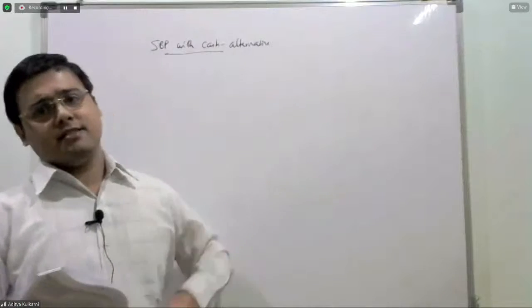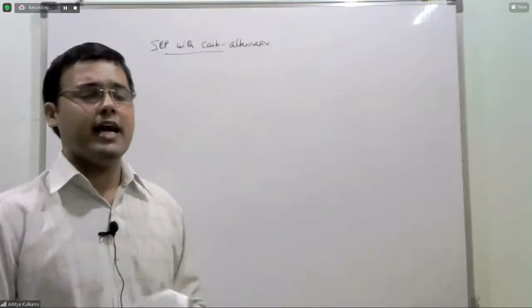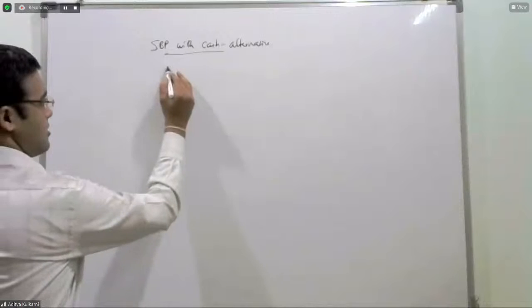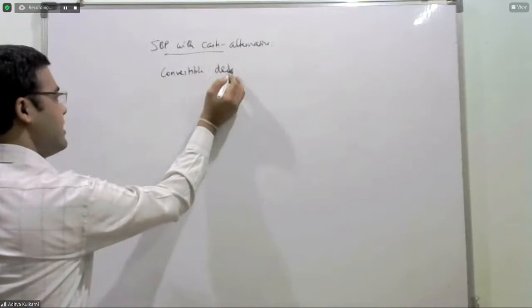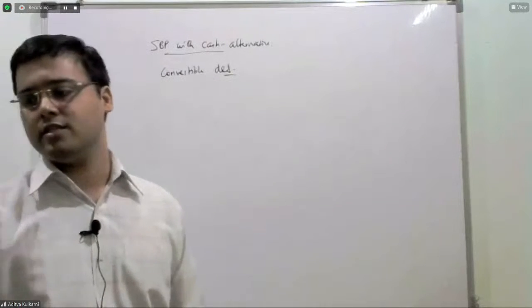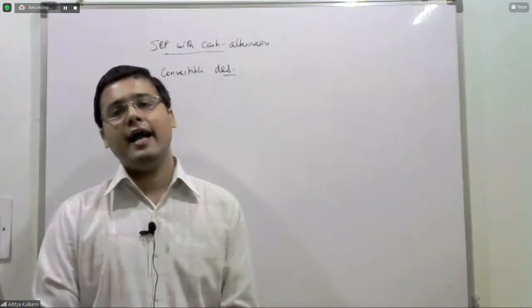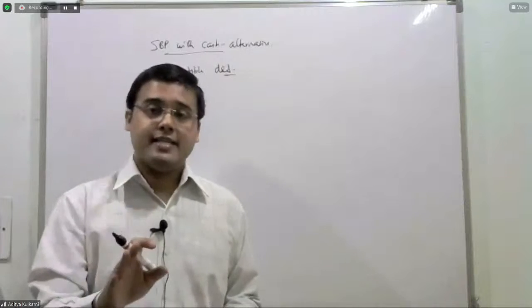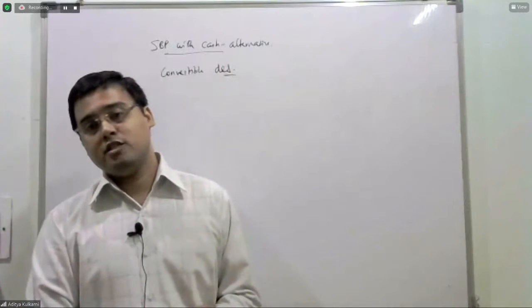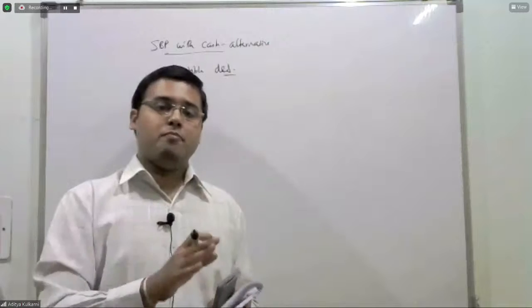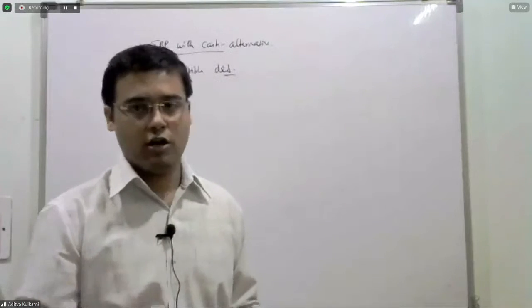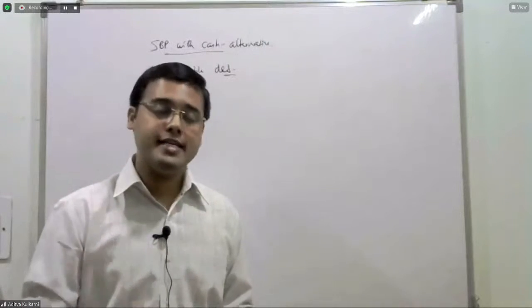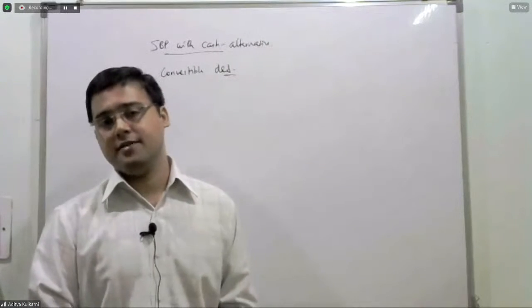If you look at this, it is something like a convertible debenture. My friends, you have studied convertible debentures in your intermediate. Settlement can happen at the option of the holder, either in cash on maturity or in equity on maturity.